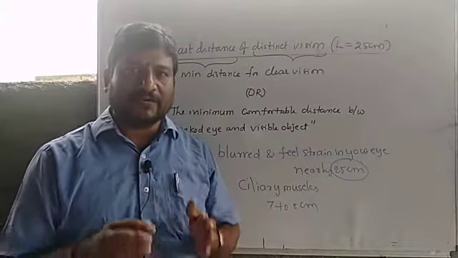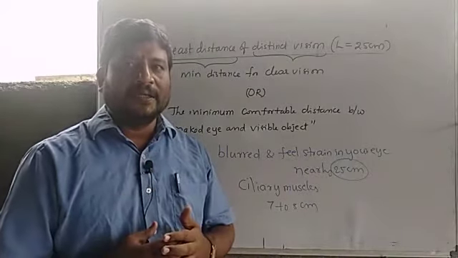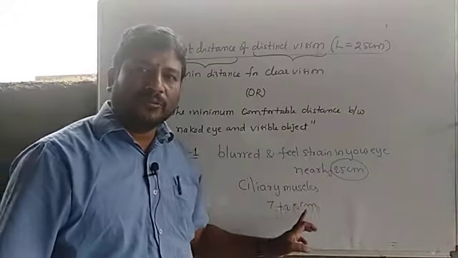So the least distance of distinct vision for children less than 10 years shifts to a smaller value, that is 7 to 8 centimeters.